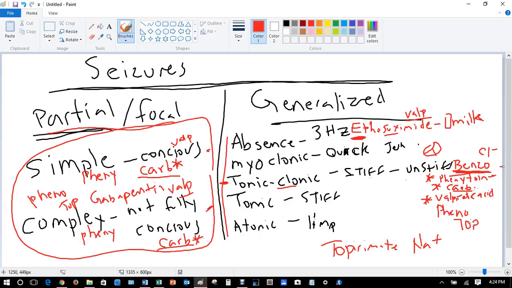Next is lamotrigine. So let's write out lamotrigine here. One of the first things I think about when I hear lamotrigine is how it is good for pregnancy. It's one of those drugs that's good for pregnancy. There's a number of them. Lamotrigine is one. Another one that's good for pregnancy is levetiracetam.